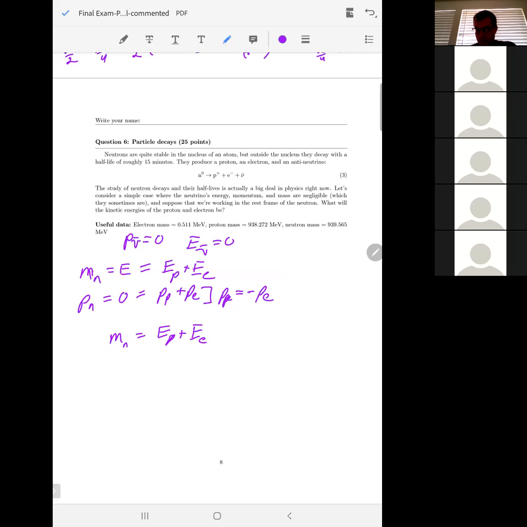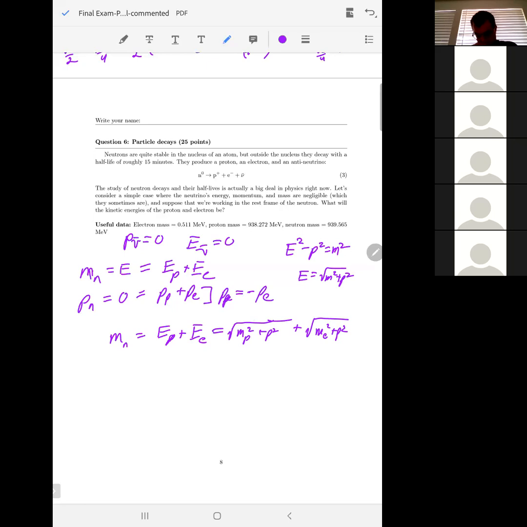The E squared minus P squared equals M squared. Yep. So we could use that. All right. And what we could immediately do then is that we could set this equal to the square root. Alternately, we could write that E is the square root of M squared plus P squared. All right.